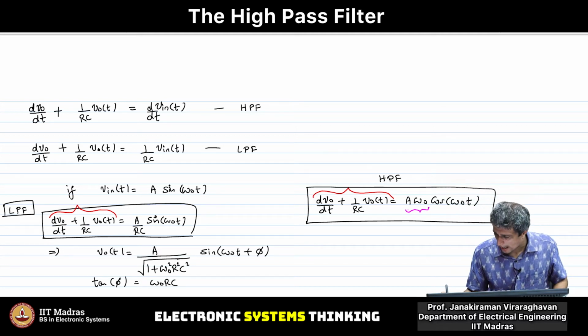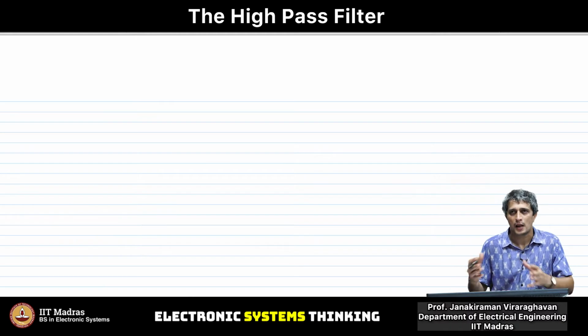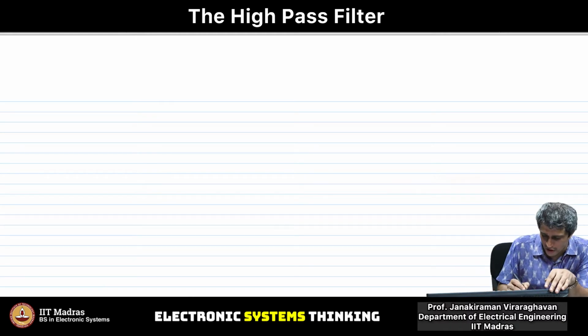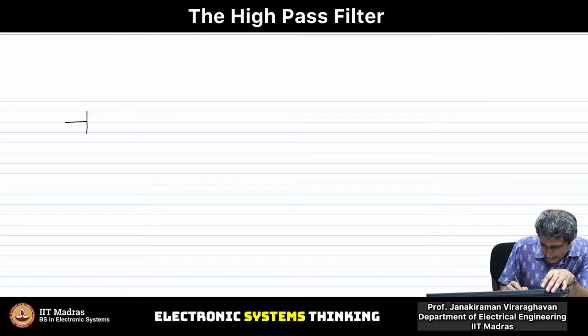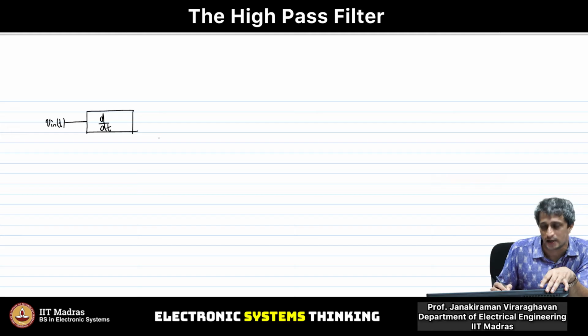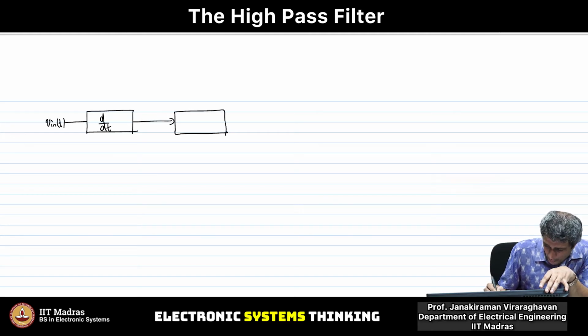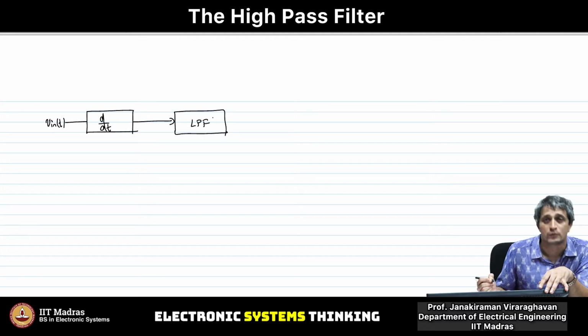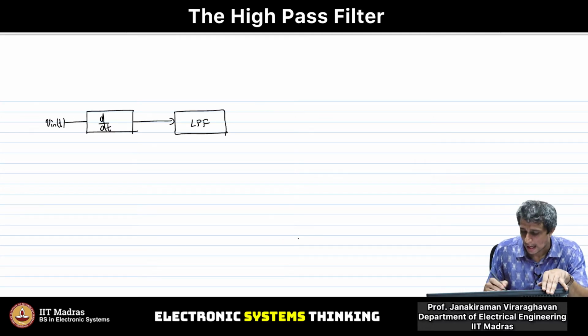So what is going to happen is you are now doing something to this input, the V in of t. You are actually doing differentiation d by dt, right? And then I am going to pass this through a low pass filter, right? That is what is actually happening there.